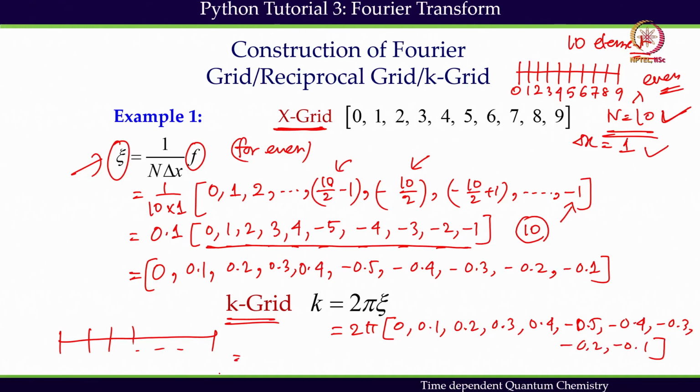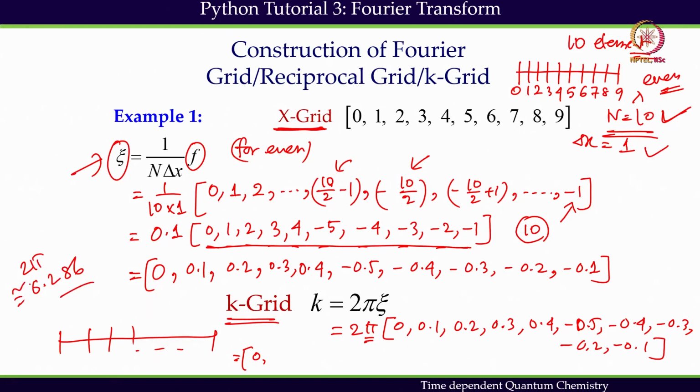We have to consider the pi value. 2 pi is approximately 6.286.